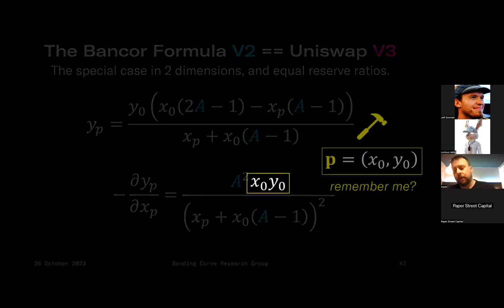Okay, so this is the first time that our friend P is showing up again. Remember, this x0, y0 coordinate was the thing that we said is common to both curves.